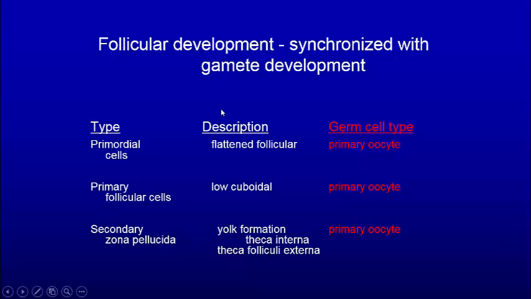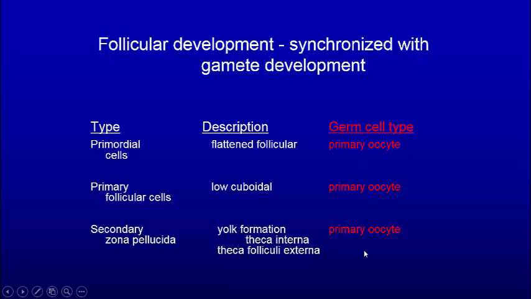Now we've been talking about the different types of follicles: primordial follicles, primary follicles, and secondary follicles. Here we can see the germ cells; you have the primary oocyte in every one of them.